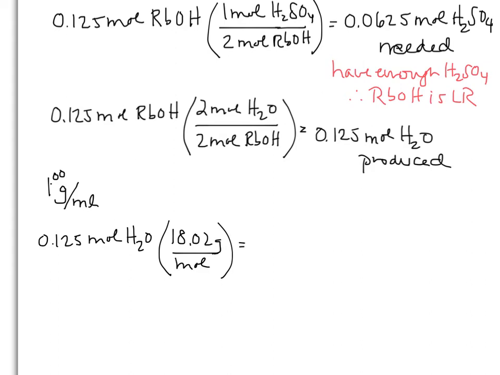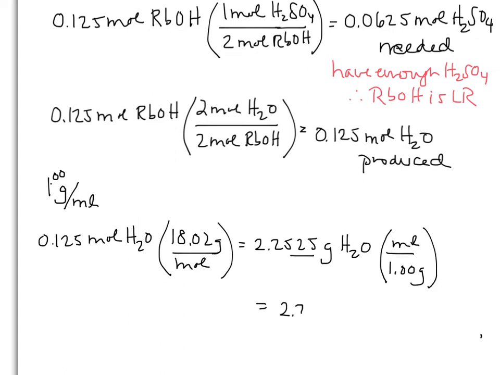So that's going to give us 2.2525 grams of water. And I can now take that and say, well, there is 1.00 grams per milliliter. So really that's going to be 2.25 milliliters of water.